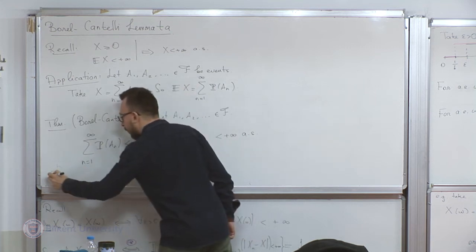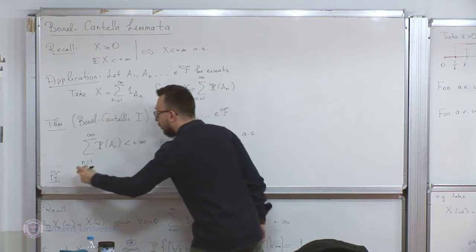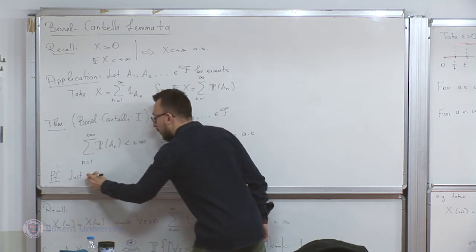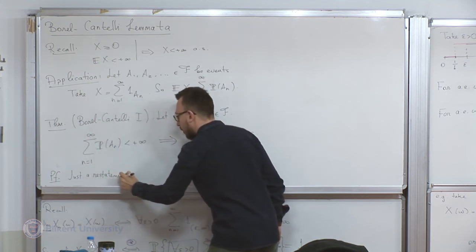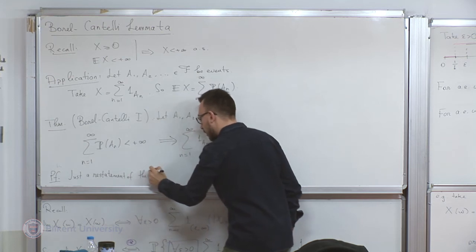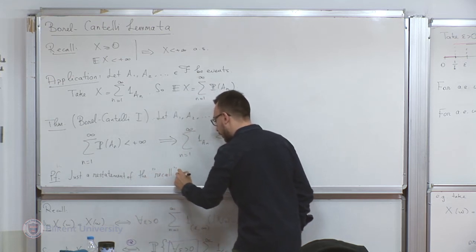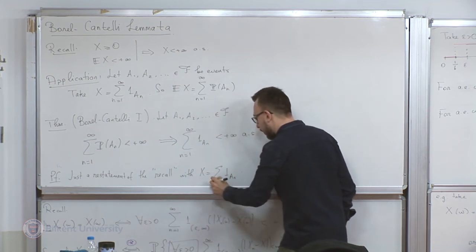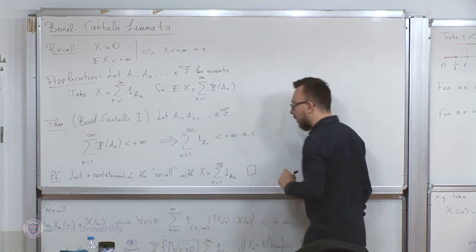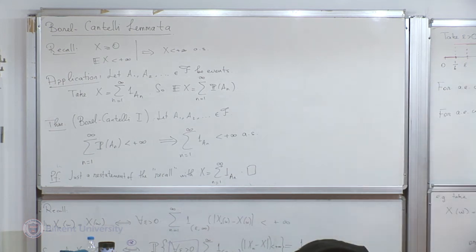What is the proof? Well, there is no proof, because it's just a restatement of the recall, with X equals the sum of indicators. So there is no proof.